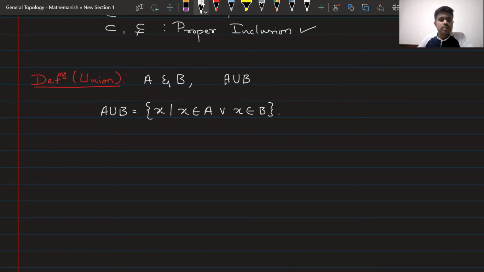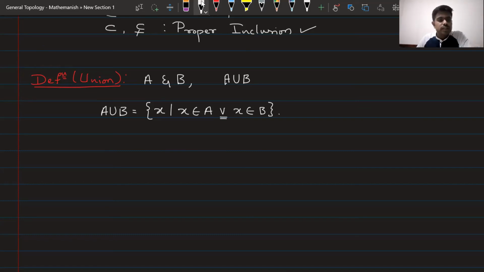In English, this "or" statement is very ambiguous because "or" can mean that it can be either in A or in B, or it can be in both. That is one possibility. The other possibility is it can be in A or in B, but not in both.